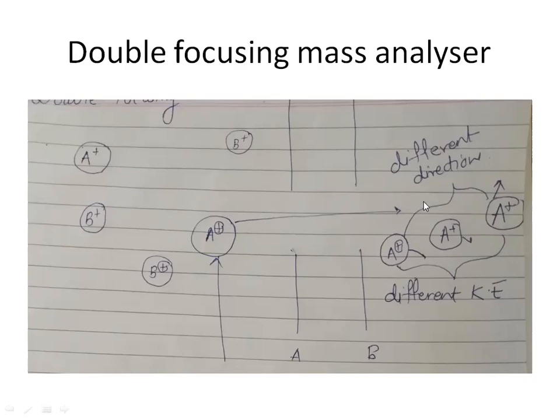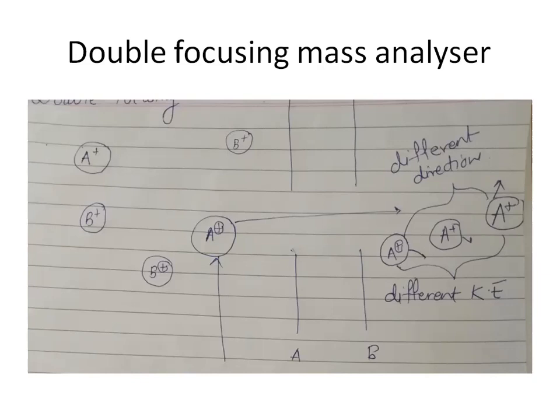So naturally, the second aberration, which is called directional aberration, has been taken care of by the magnetic sector kind of instrument. So the magnetic sector or single focusing instrument can correct for the directional aberration, but it cannot correct the kinetic aberration. To correct the kinetic aberration, naturally we have to use an electrostatic analyzer.